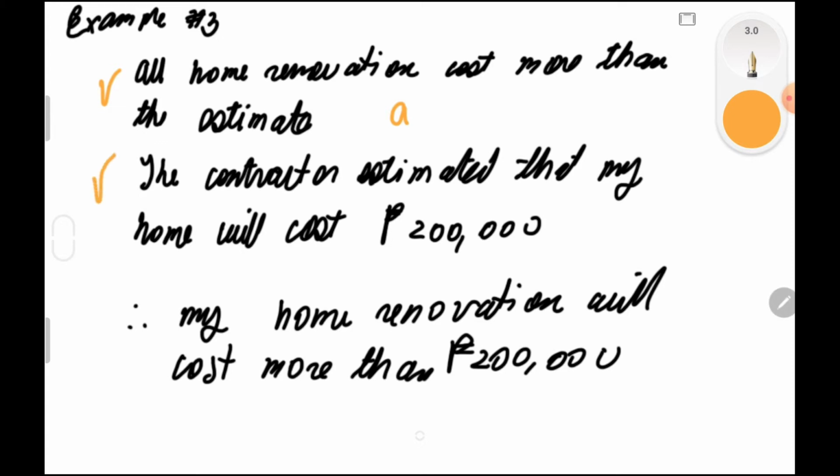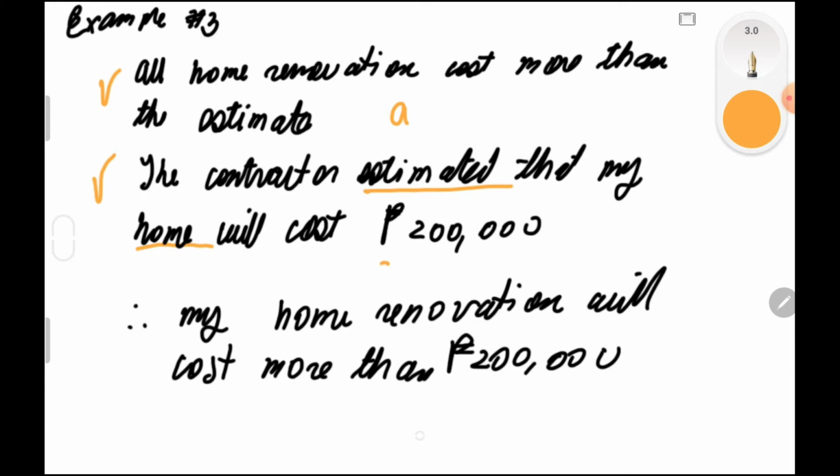This will be our second premise, okay? Here you'll see the idea that bridges them is the estimate, or the estimated value. Home renovation and the estimated value. So let's say the contractor describes the estimated value.